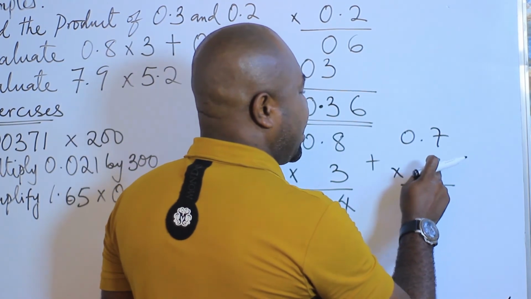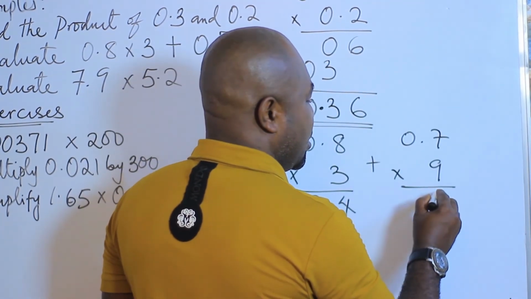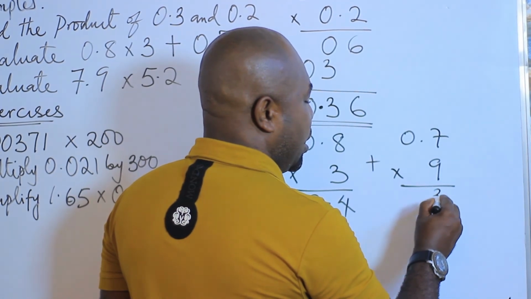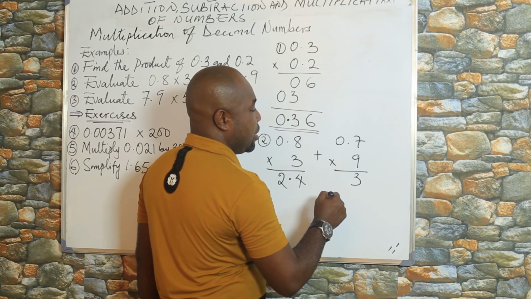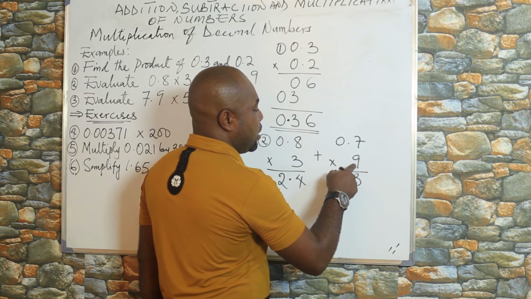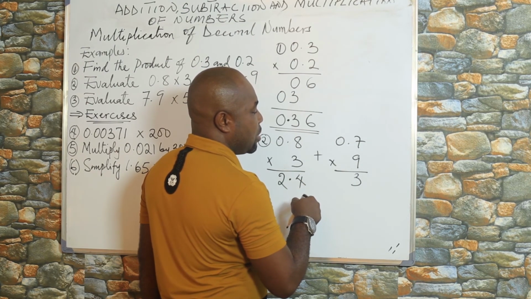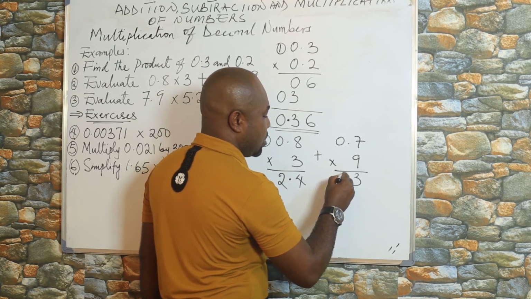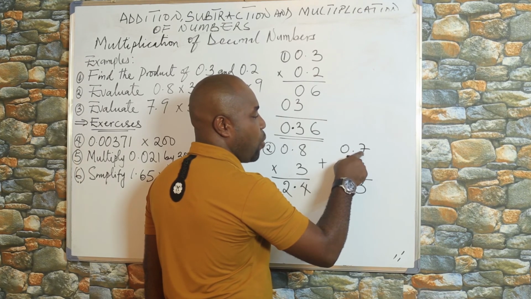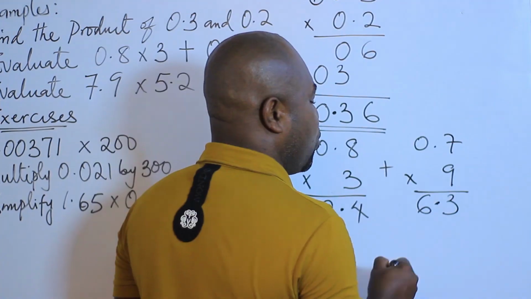Then here we have 9 times 7 is 63. We write 3, carry 6. 9 times 0 is 0 plus the 6. How many decimal places do we have here? We have only 1 decimal place. We put the point.